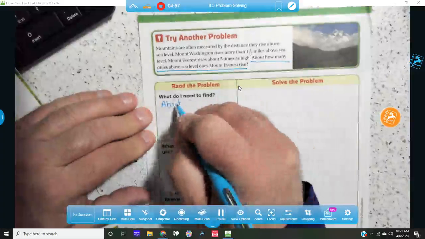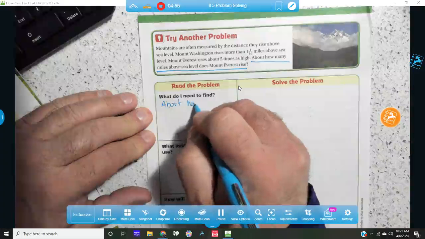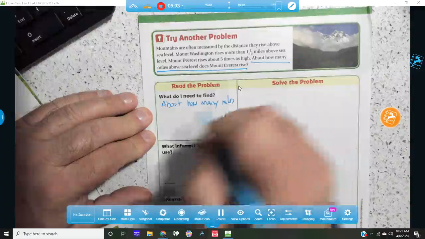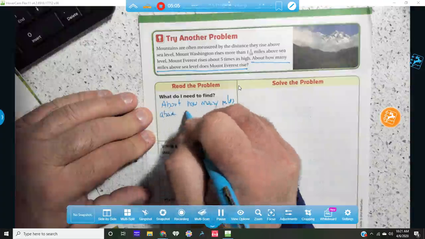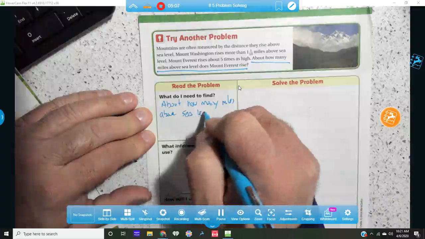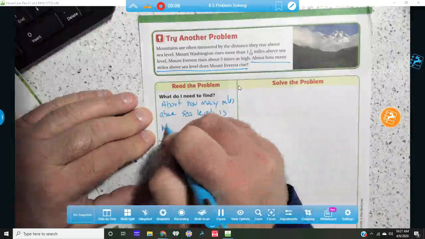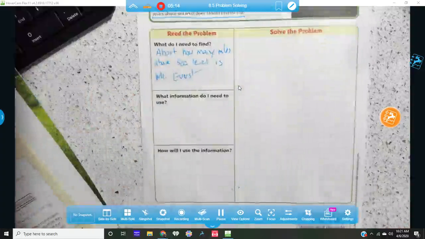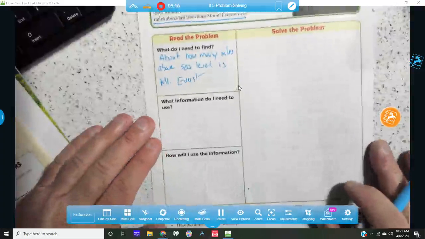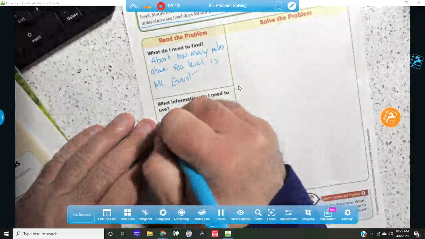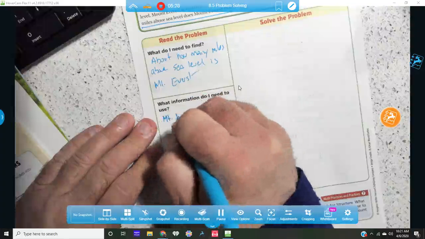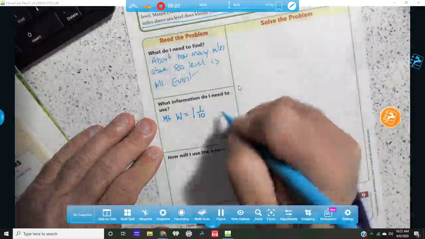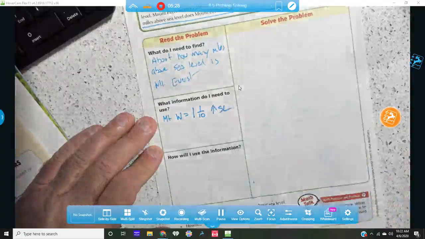About how many miles above sea level is Mount Everest. Okay, perfect. What information do we need to use? Well, Mount Washington is 1 1/10 above sea level.